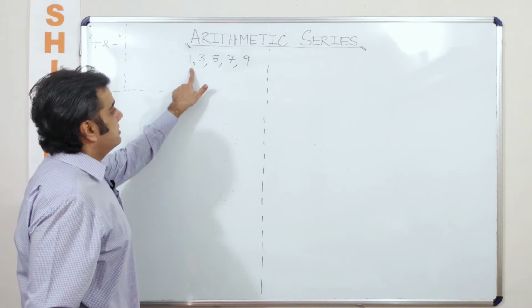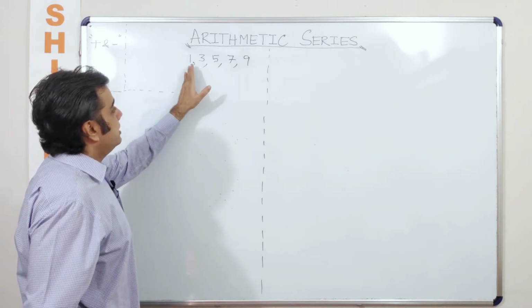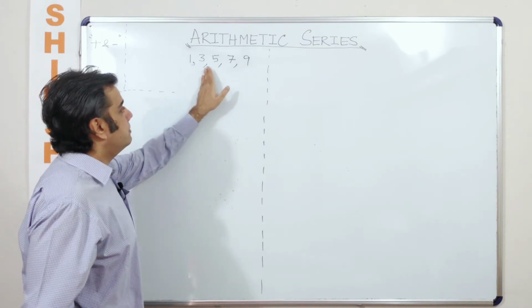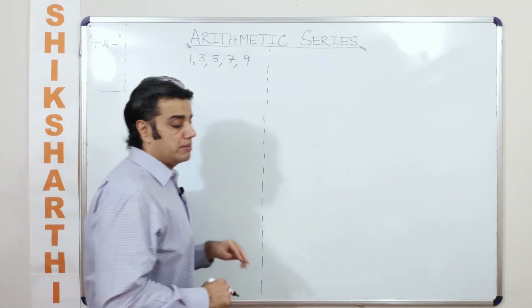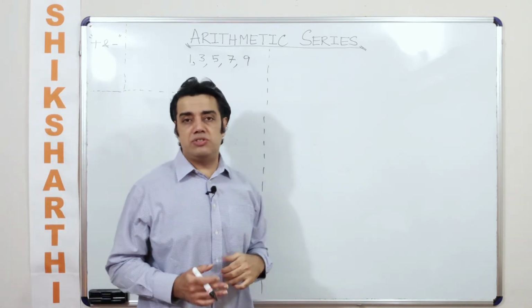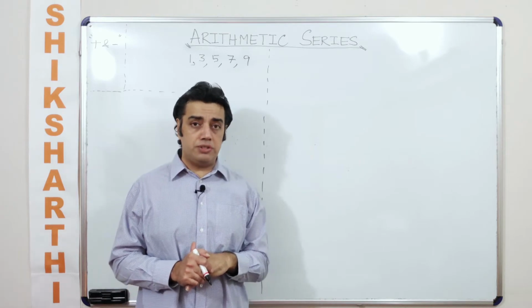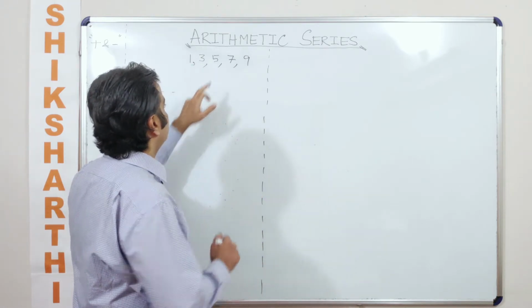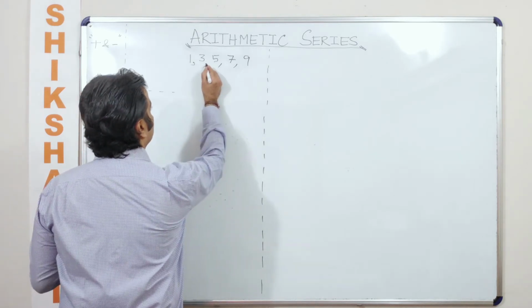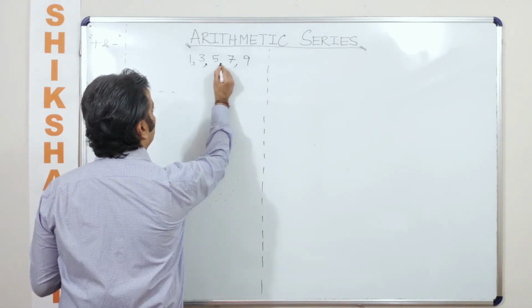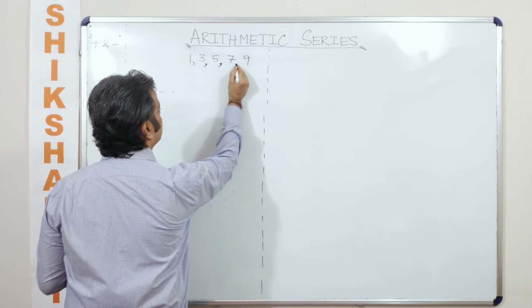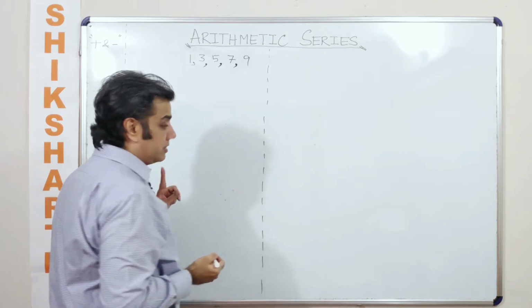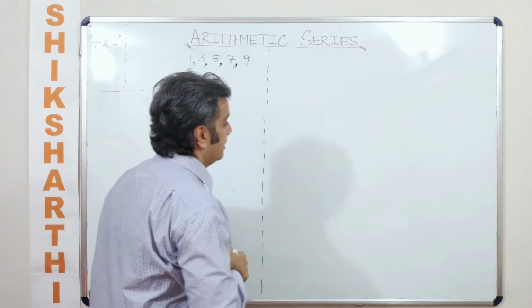I call this a series because I am using numbers. Whether I use real numbers or imaginary numbers is not the point of contention. The point here is that you're using number values, and in between you're using a punctuation mark, that is a comma. Okay, and this is the first step for a series.